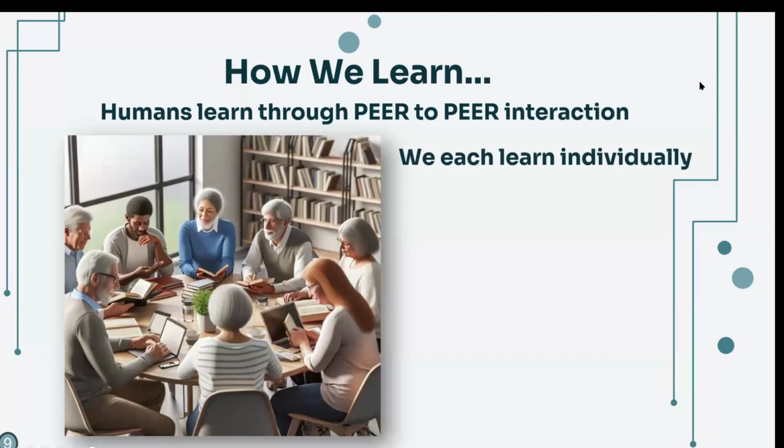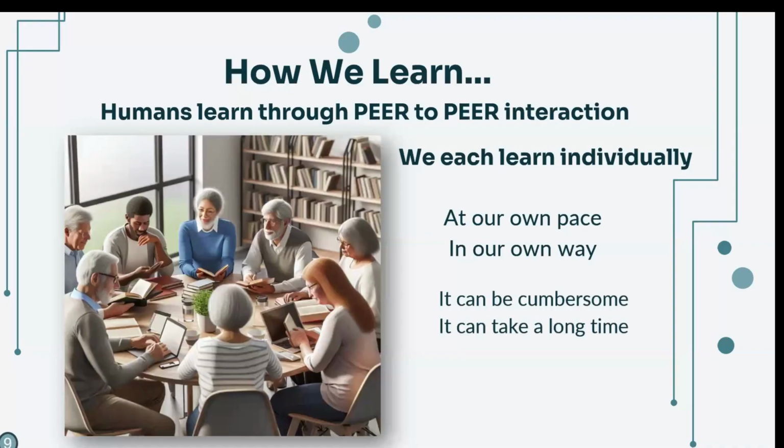So how do we learn? We learn as individuals. Each one of you in this class today is going to internalize and take away your own portions of this class. We don't all learn the same way. We learn at our own pace, in our own way. And it can be cumbersome. It can take a long time.